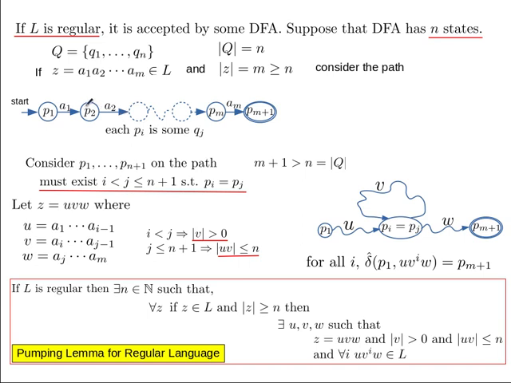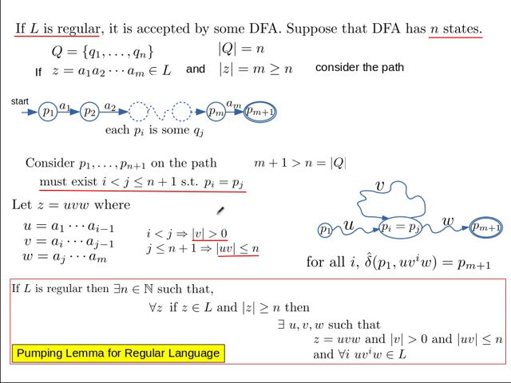All these states cannot be unique. Each of these Pi is some Qj. This Q1 to Qn is the set of states, and here I am just labeling the states in this path with Pi. But Q1 to Qn are all distinct states of the DFA, whereas when I use the labels P1 up to Pm plus 1, there should be some repetition.